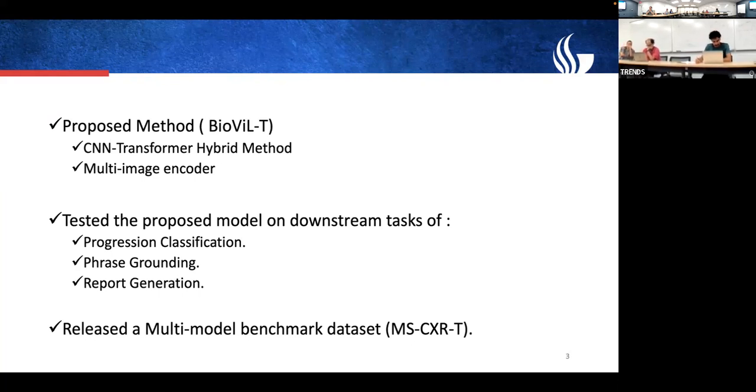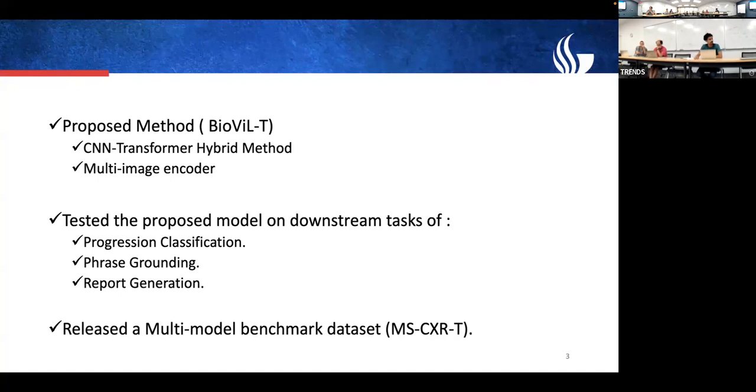Then they test the proposed model on various downstream tasks like progression classification, which is how a disease progresses through different stages. They also tested the model on phrase grounding, which is essentially identifying problematic regions within an image that a phrase is referring to, for example, bounding boxes.